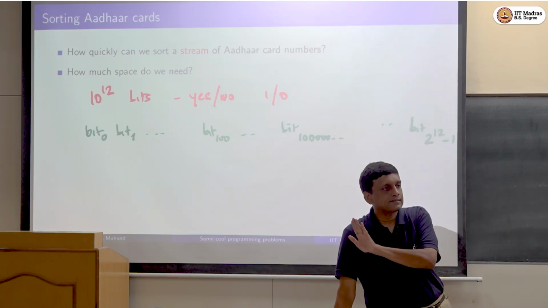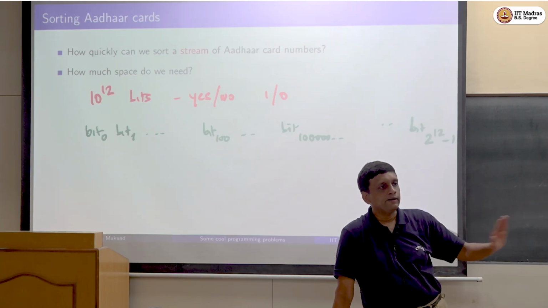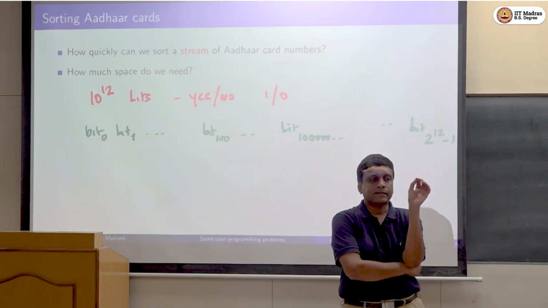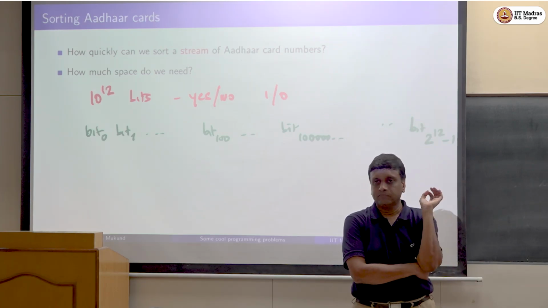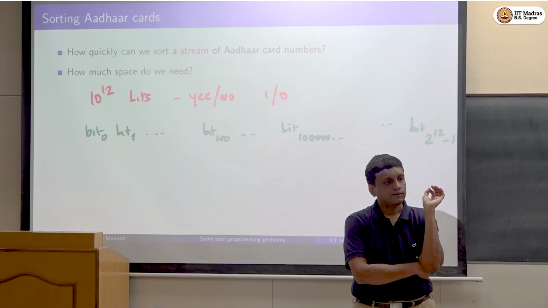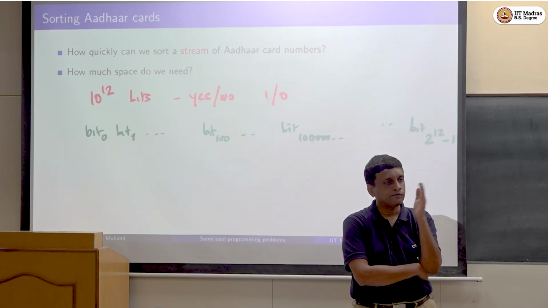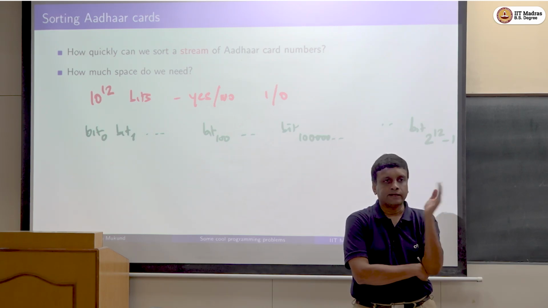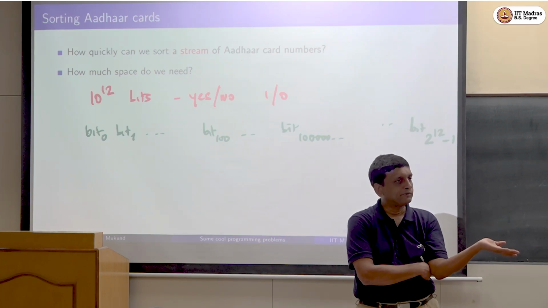So I read this Aadhaar list from beginning to end, and if I see the number k, if I look at the Aadhaar number and it is the number k, I go to bit k and flip it, make it 1. So at the end of this whole sequence, I have zeros and ones in this bit string. And now I wanted to sort it. Well, I just read the bit string from left to right and I count all the ones. Right? So every 1 is an Aadhaar number which is there in my list. Every 0 is a number which is not there.